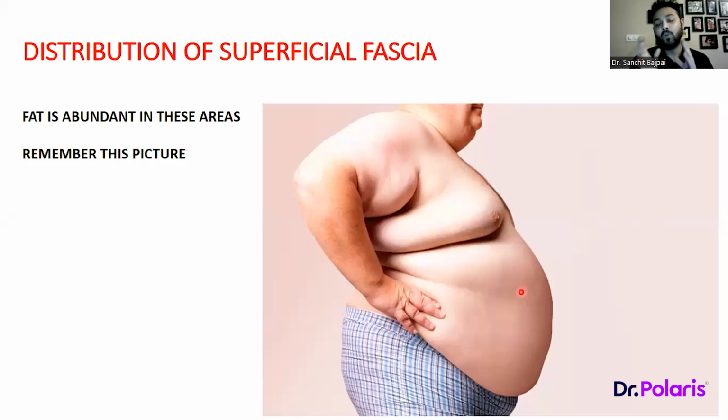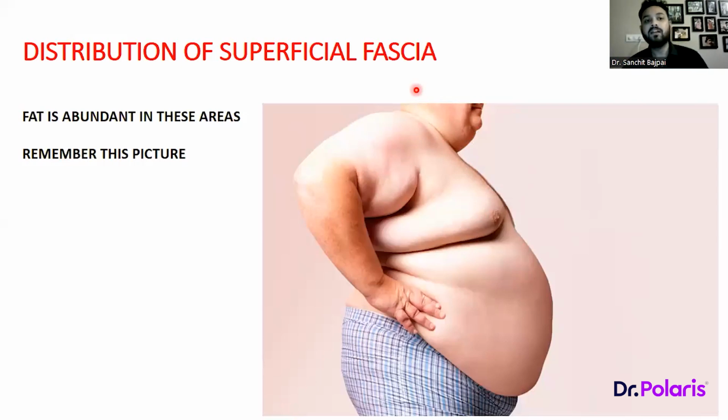So if I tell you what is the distribution of superficial fascia maximum in the body, your answer should be it is maximum in the anterior thigh, in the buttocks, in the anterior abdomen, in the mammary area, in the cervicothoracic area, and the post-deltoid area. These are the maximum thickness areas for superficial fascia. Always remember, you have to write this in multiple lines, but the whole scenario, if you just remember this man, you will remember the superficial fascia is the thickest in these areas, right?